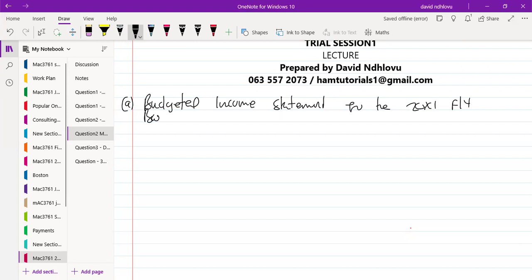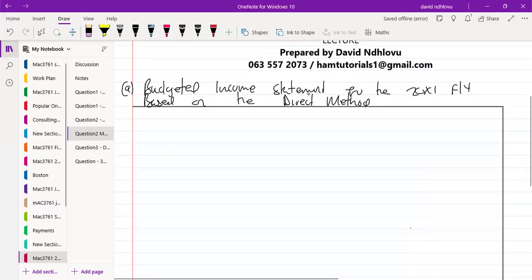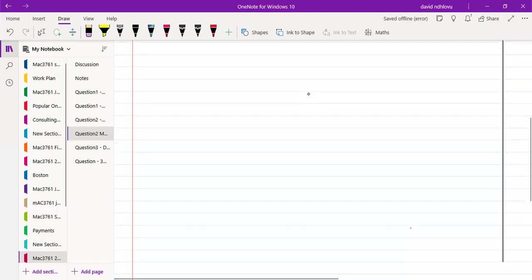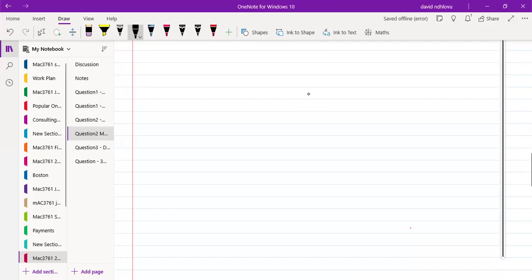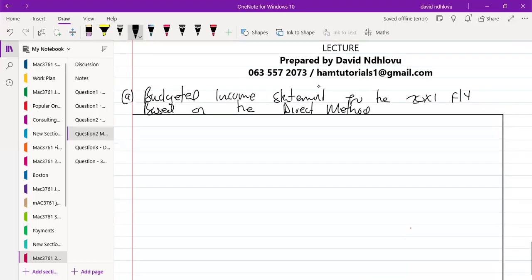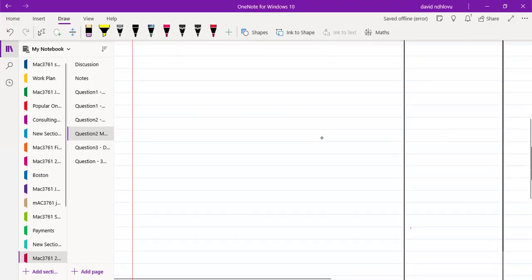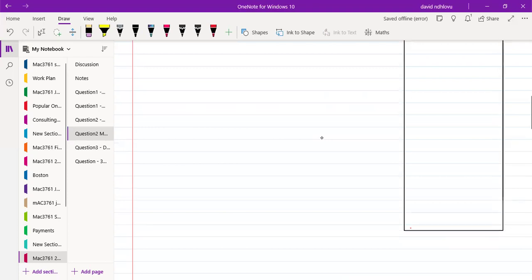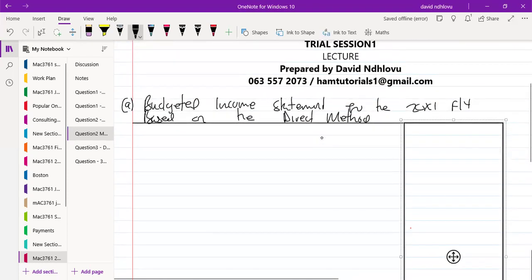This is based on the direct method, so we're going to base this calculation on the direct method. Obviously, being an income statement, our starting point will always be the sales. This is where we'll start.